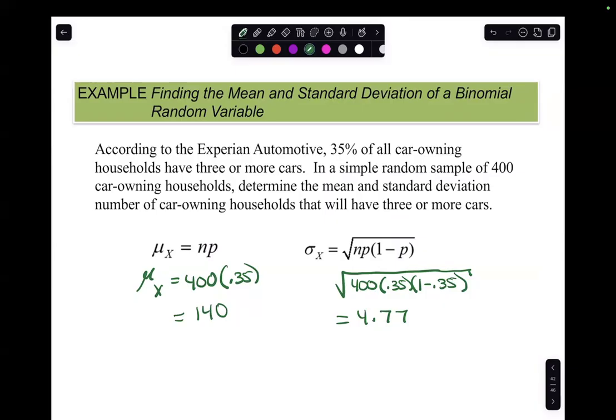If I took a whole bunch of samples of size 400, I would expect 95% of them to have between 130 and 150 people that have three or more cars. I can use the empirical rule here to say 95% of the samples are going to have this many people with three or more cars. That makes sense? Okay.